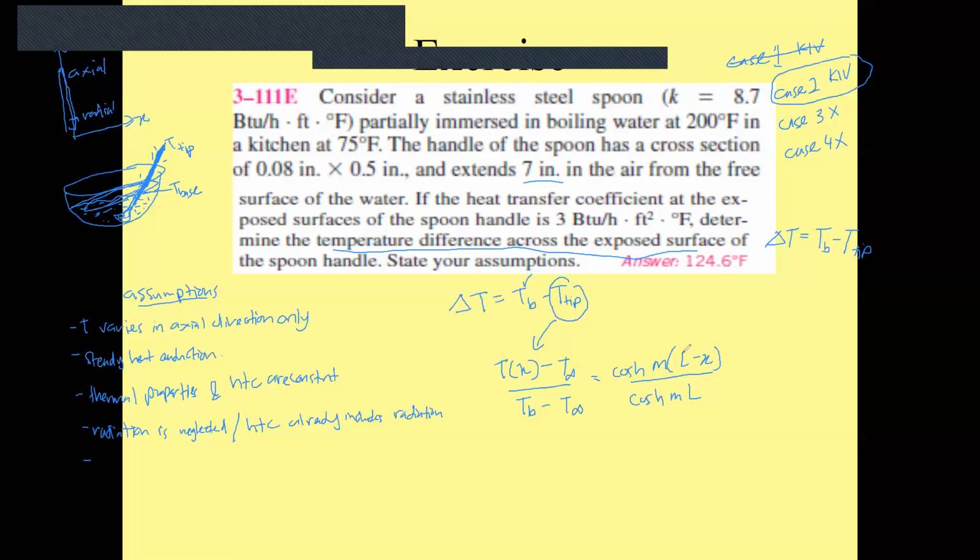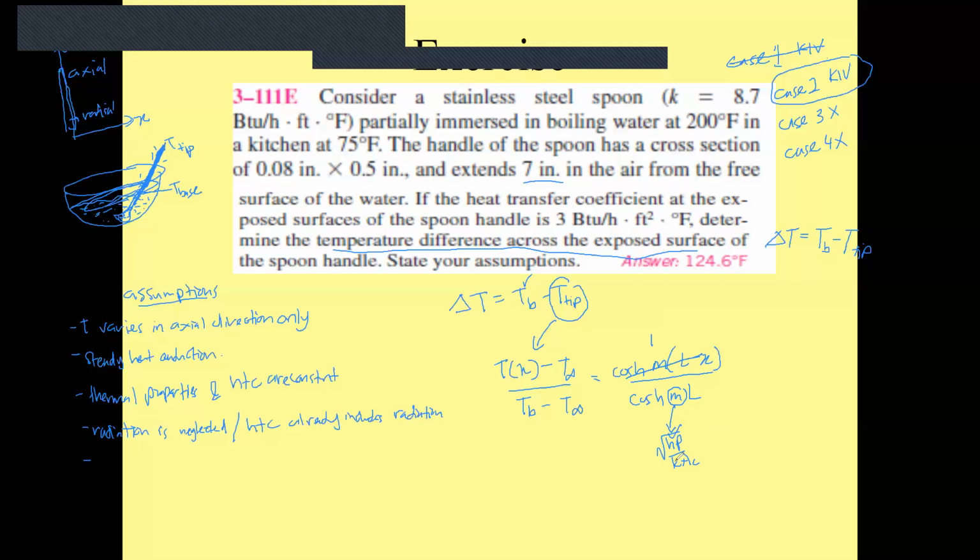All right, so x here is equal to L because you're looking at the tip, right? So this could be 0, right? So when this is 0, this cos here is 1. All right, so now you have to find m. So m is the same equation as we have seen before, square root of hP over kA_c. All right, so h is given.